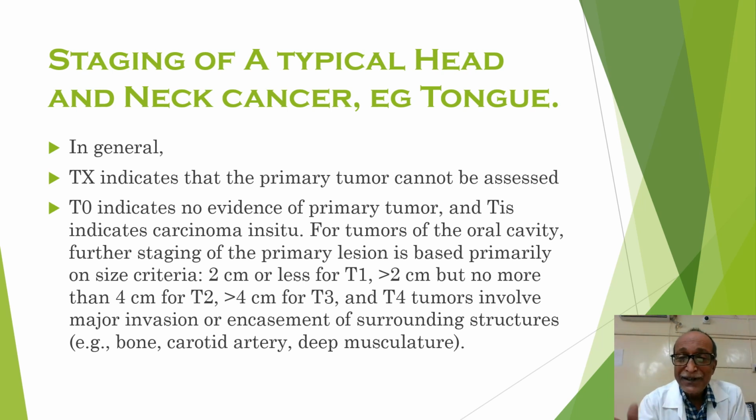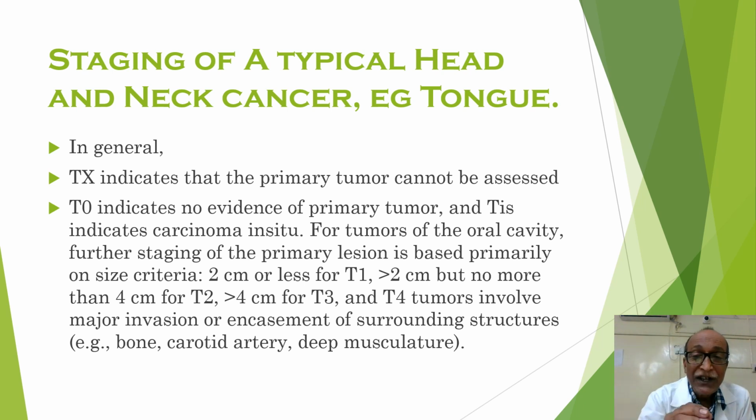Up to 2 centimeters, T1. 2 to 4 centimeters, T2. More than 4 centimeters, T3. T4 is what? T4 is that the tumor has gone beyond its primary location. If it is in the alveolus, it has gone into the bone.